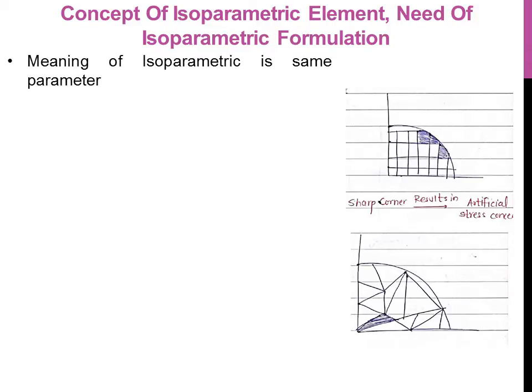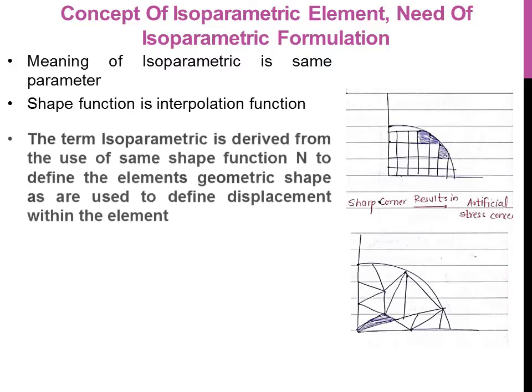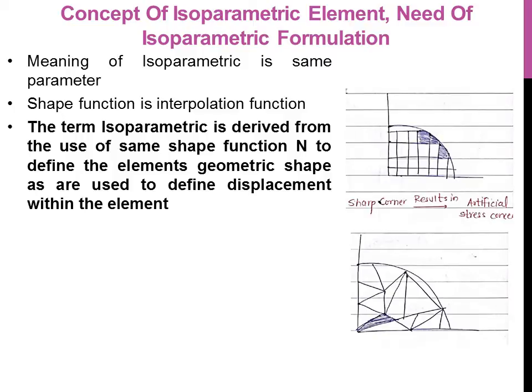Now first of all, what is the isoparametric element? Isoparametric means same parameter. In this, the shape function used for the isoparametric formulation is itself the interpolation function. So the term isoparametric is derived from the use of the same shape function N to define the geometric shape as is used to define the displacement within the element.